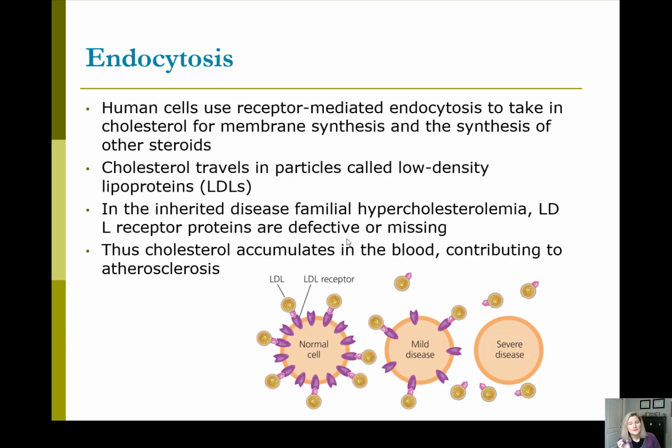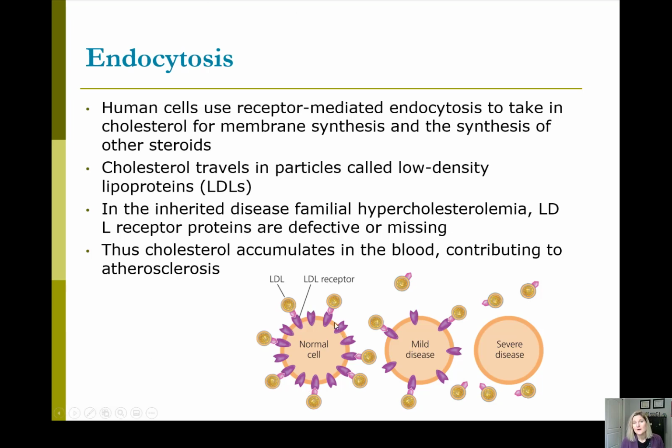That means the LDLs are just floating there in their blood vessels, and they can start accumulating in the bloodstream and basically cause something called arteriosclerosis, or the scarring of the blood vessels, and that could lead to a heart attack.